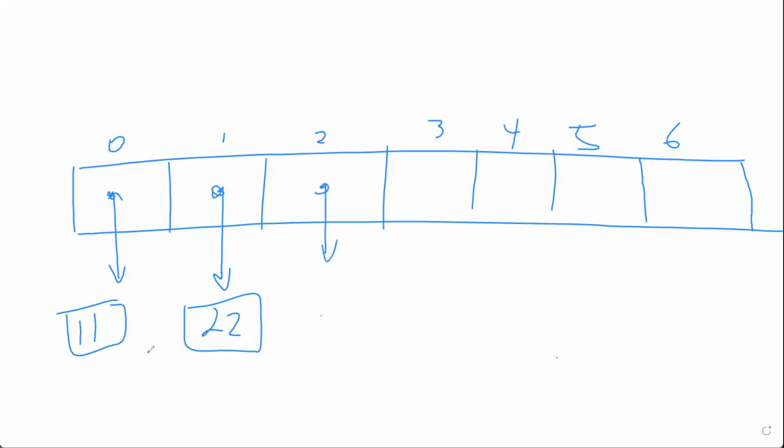So let's say we have these three elements in the array, and the index of top right now is 2. And now suppose I want to pop the top element off.